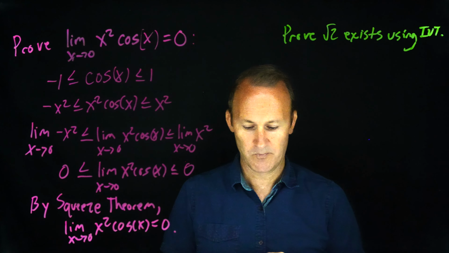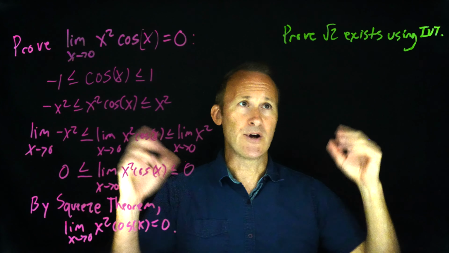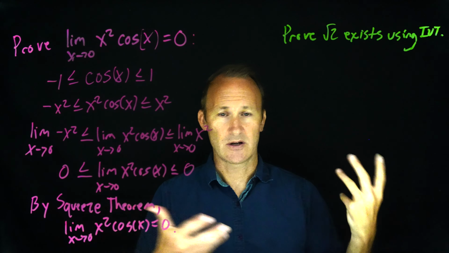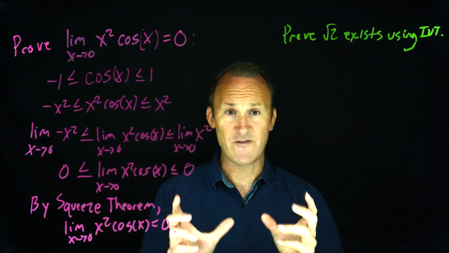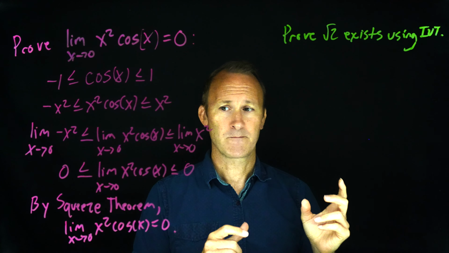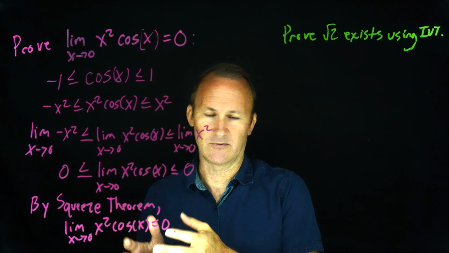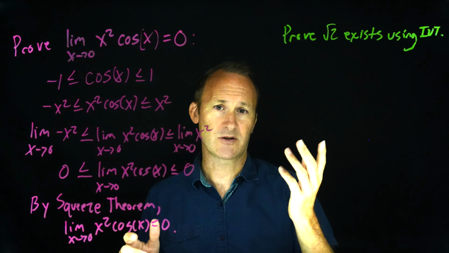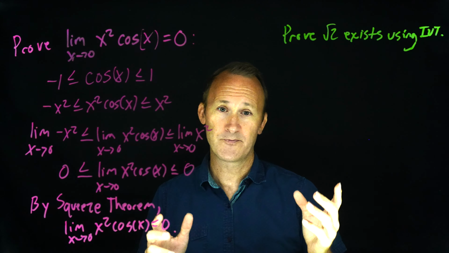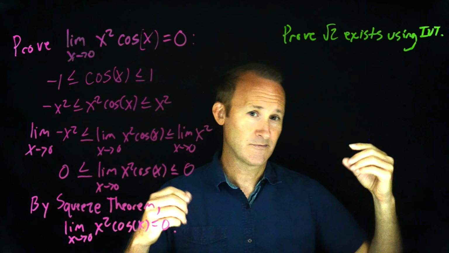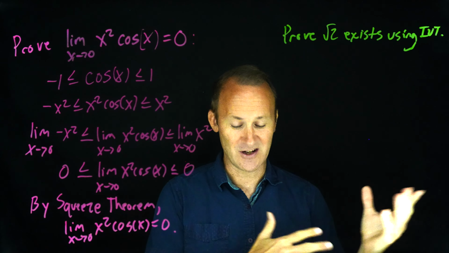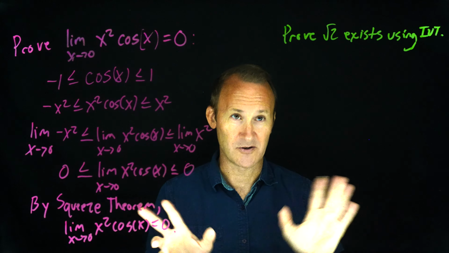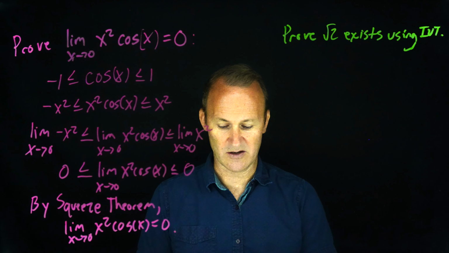You have to know what the intermediate value theorem is. What does it tell you? It tells you that if you have a continuous function, and you have a lower bound and an upper bound of that function, and there's some value in the middle, there must be something in the function that equals that value. I think this example will hopefully make it clear.